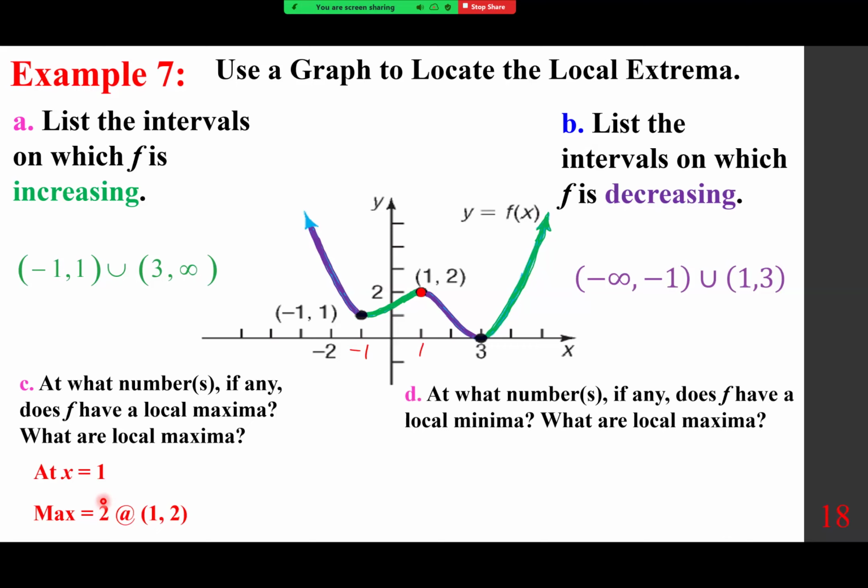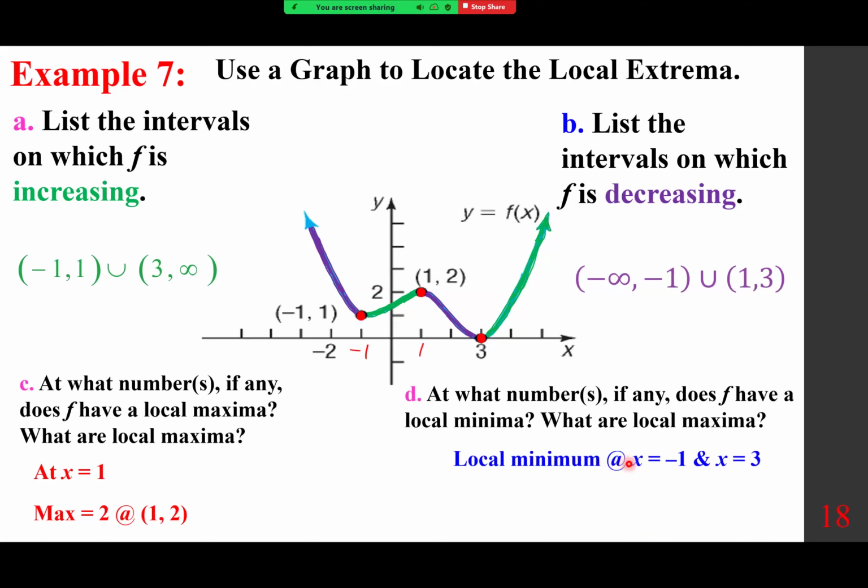And the same question for local minima. At what numbers, if any, does f have a local minima? Right here and right here, we have the local minimum.